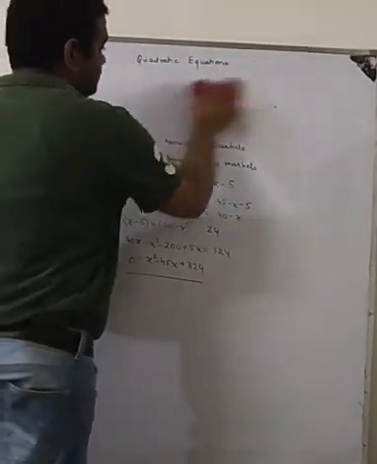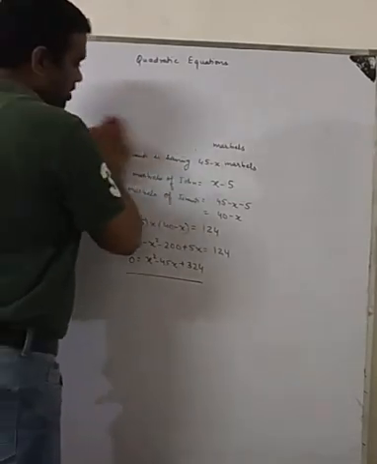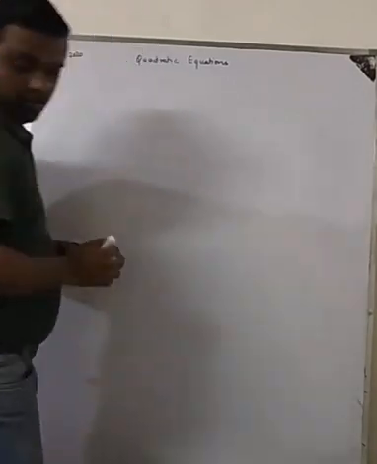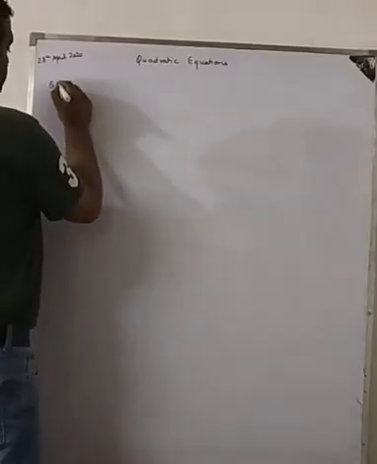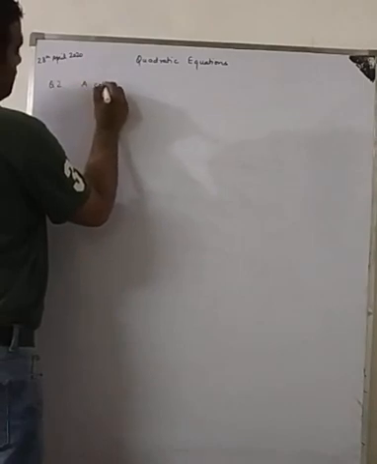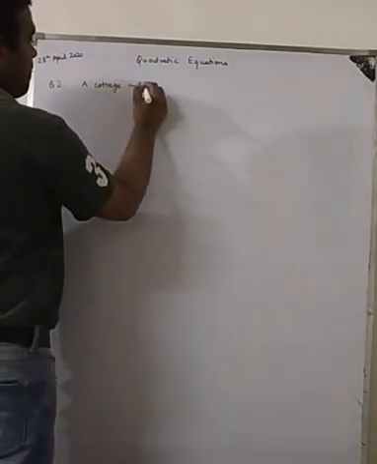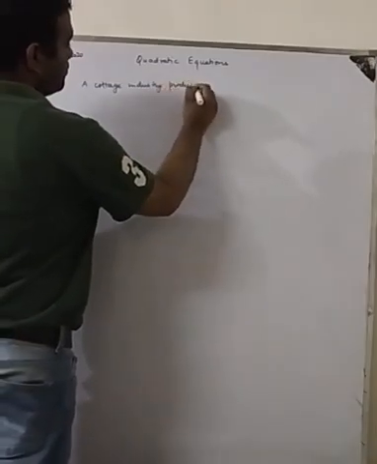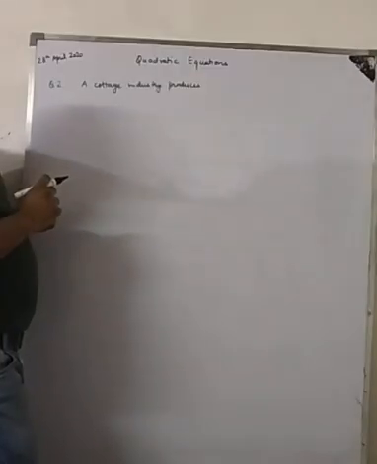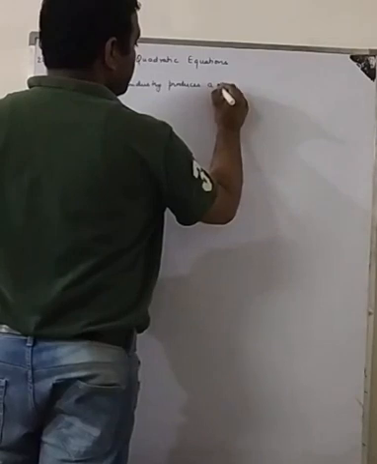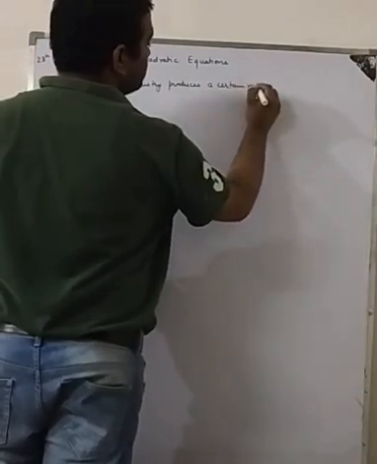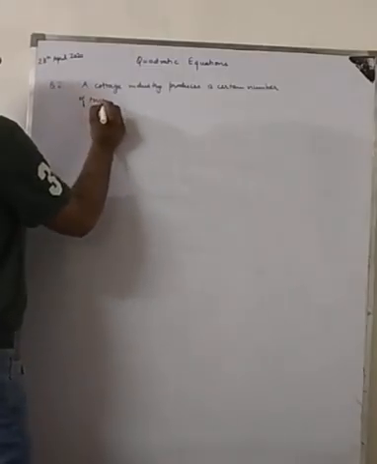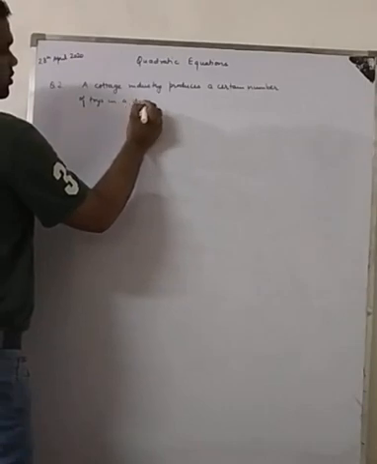Question says a cottage industry produces a certain number of toys in a day.